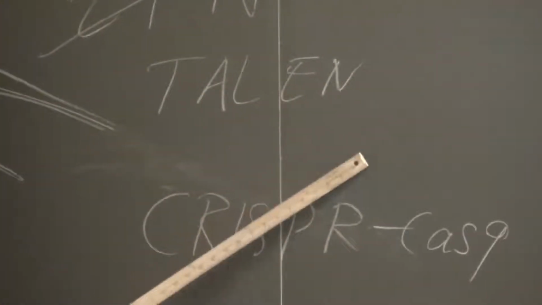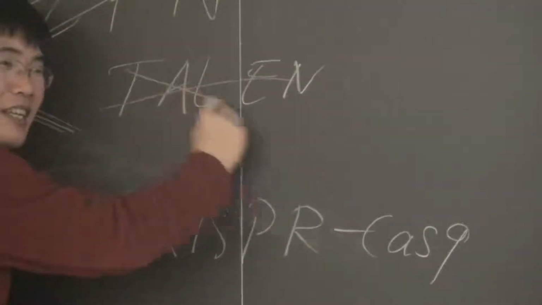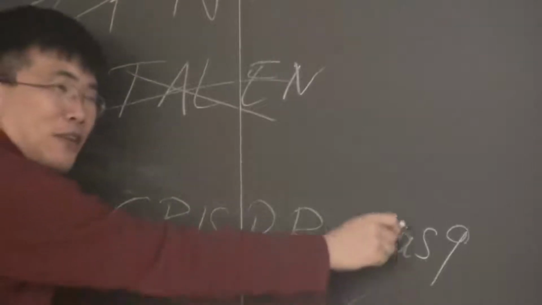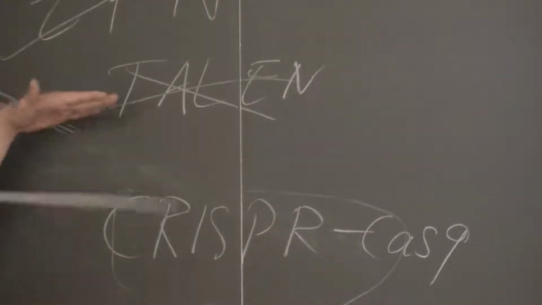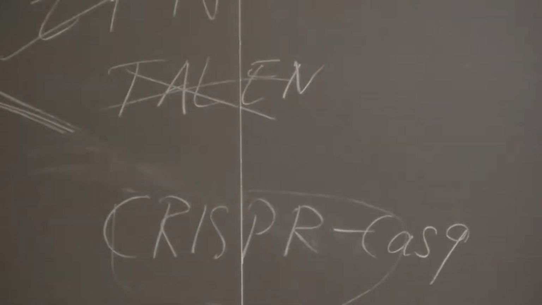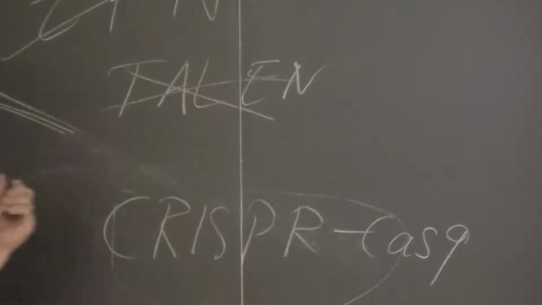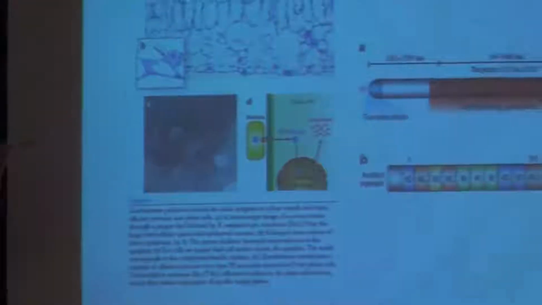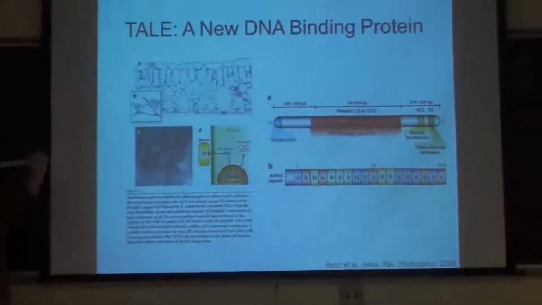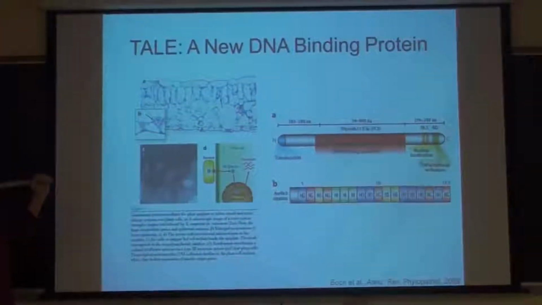And then pretty soon this may also become obsolete because now we have a new killer on the block, the CRISPR-Cas9 system. So I should tell you about these two now. TAL is a new DNA binding protein discovered very recently.